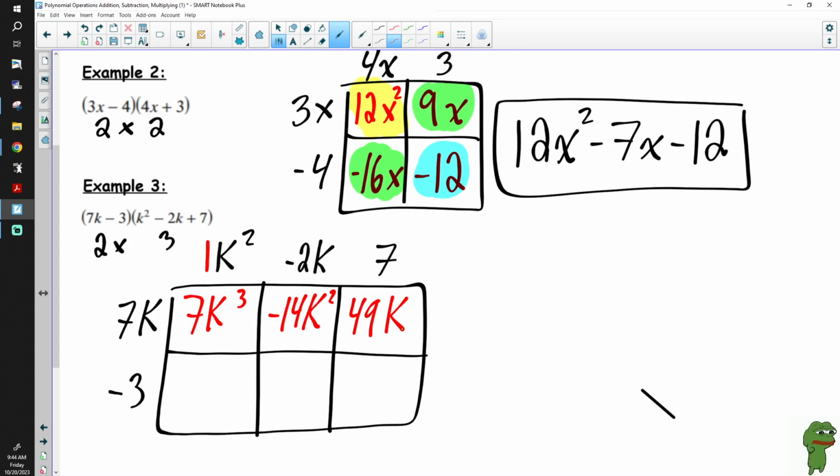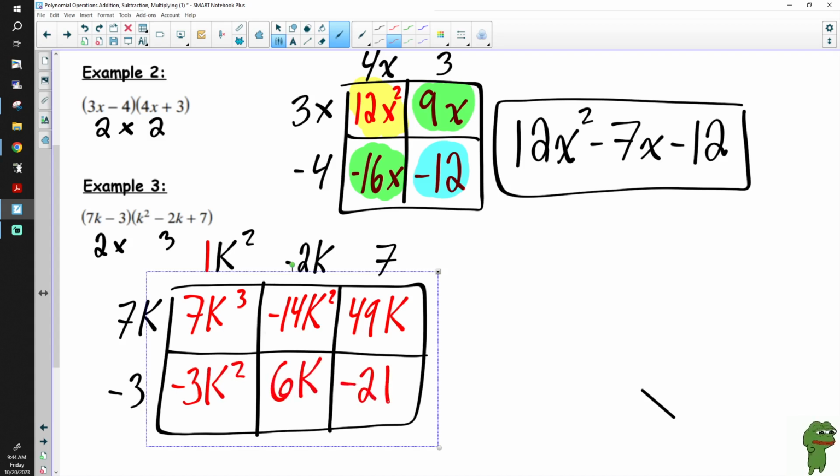Yeah, you're exactly right. And you can keep going. There's your bottom row. Check it. Check your bottom row. Yep. Good, good, good.